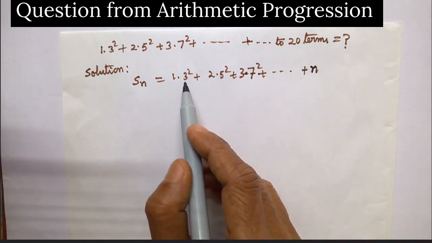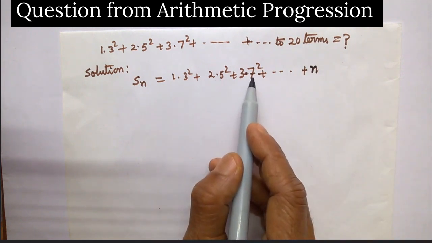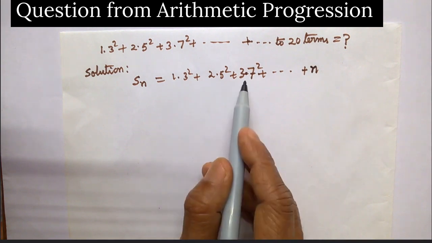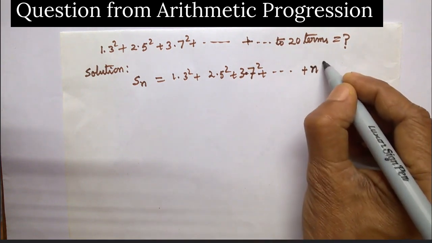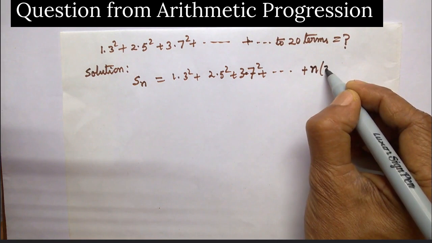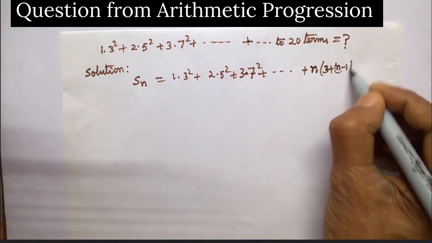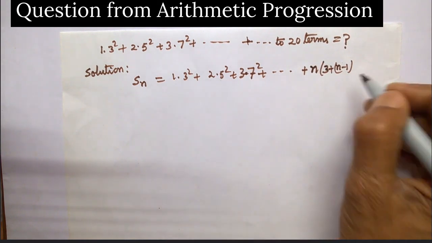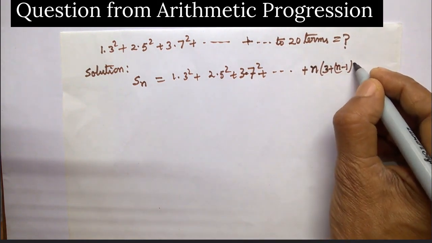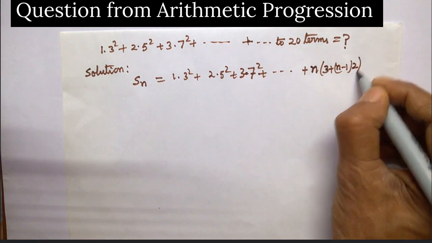Second factors are 3 square, 5 square, 7 square. But 3, 5, 7 are in AP. So what will the nth term be? It is a plus (n minus 1) times the common difference of 3, 5, 7, which is 2, all squared.